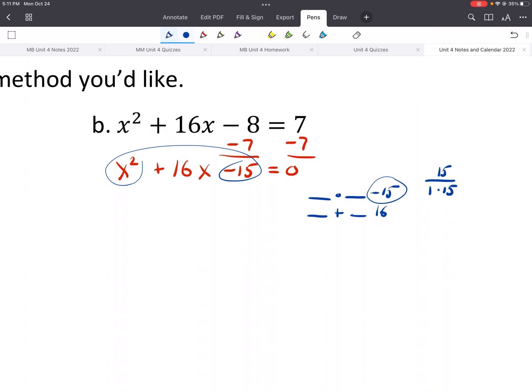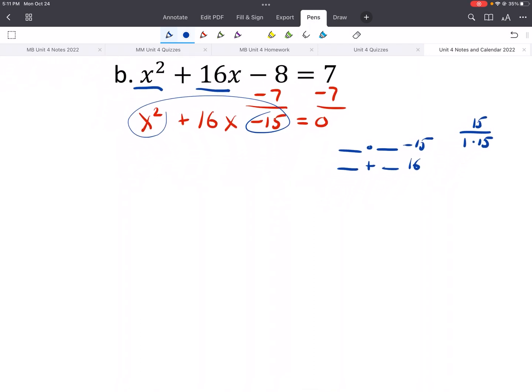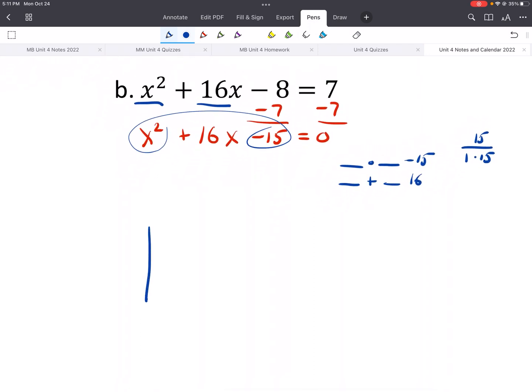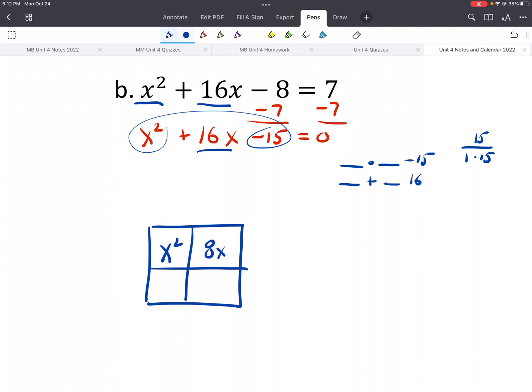Okay, so I don't think we can factor here, but we do have a equals 1 and b equals even, so we'd need to maybe use complete the square to solve. So we've got x squared, and then half of 16 is 8. This is x and x. This would have to be 8 and 8.